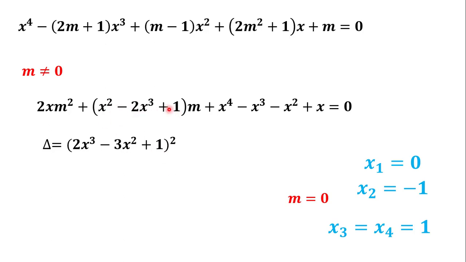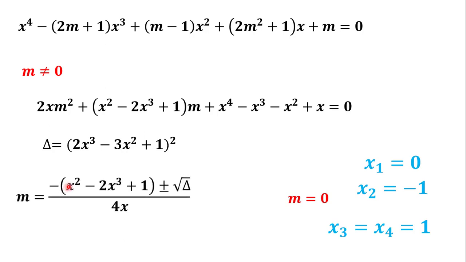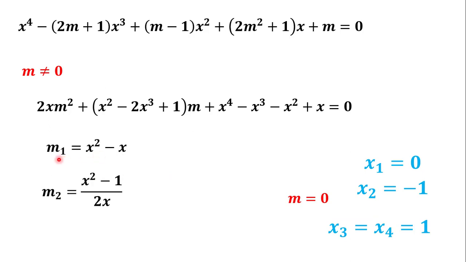And the roots of this equation: m equals minus the coefficient of m plus or minus the square root of delta, over 4x. And the roots of this equation are going to be m1 equals x squared minus x, and m2 equals (x squared minus 1) over 2 times x.